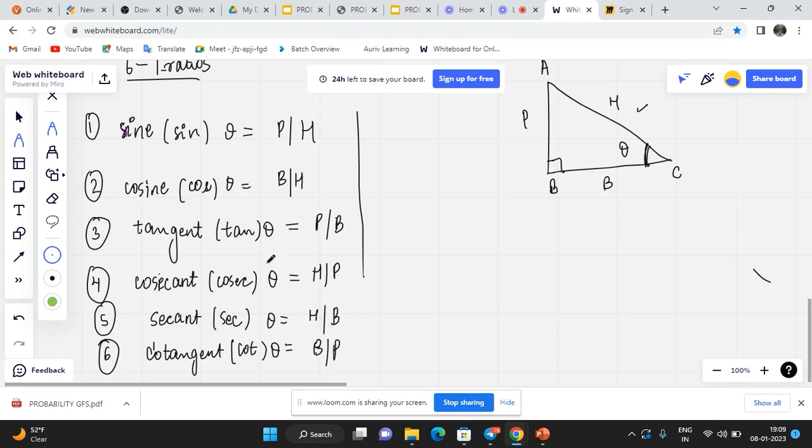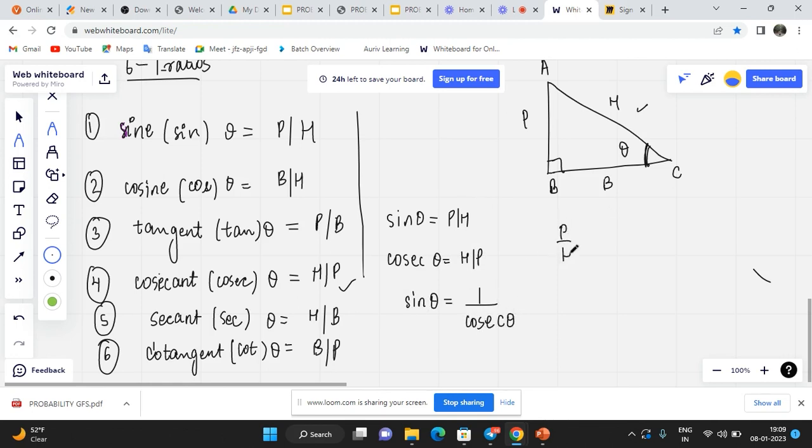Now from this we can see, this is sine theta, which was equal to perpendicular upon hypotenuse. And the fourth one, cosec theta, was equal to hypotenuse upon perpendicular. So from here we can see that sine theta is equal to 1 by cosec theta, right? How?